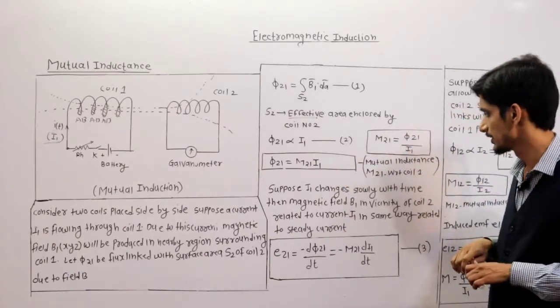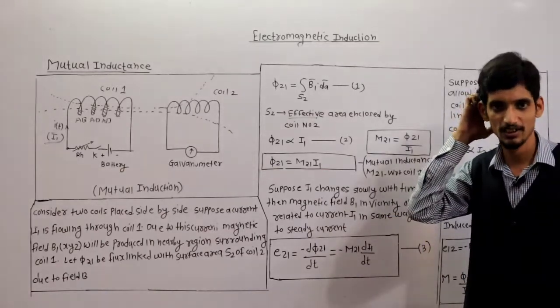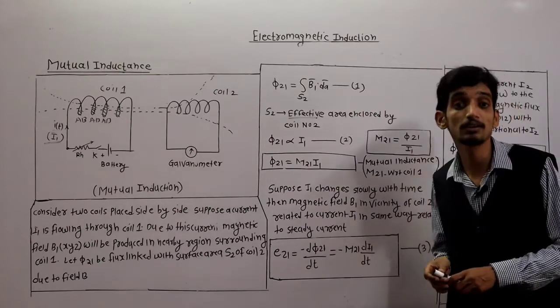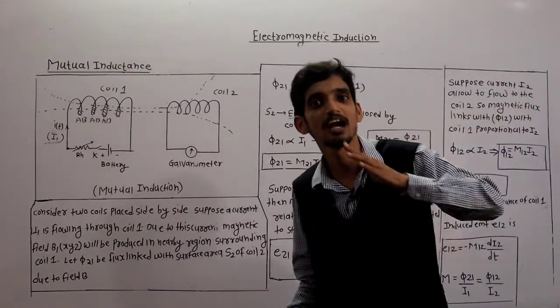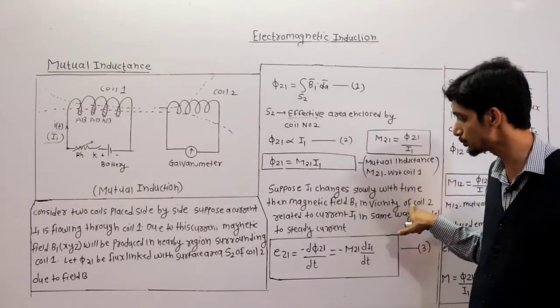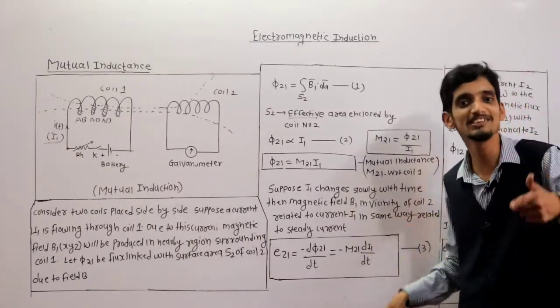Clear? Okay. Now the second case. Suppose I1 changes slowly with time. Now I try to change I1. Definitely the magnetic field B1 in the vicinity of coil 2, related to I1, also changes.